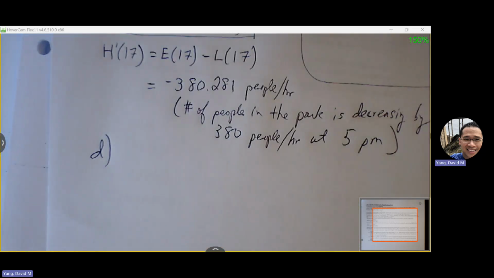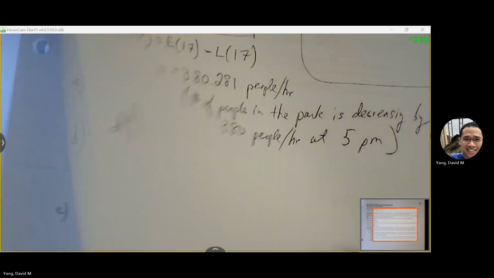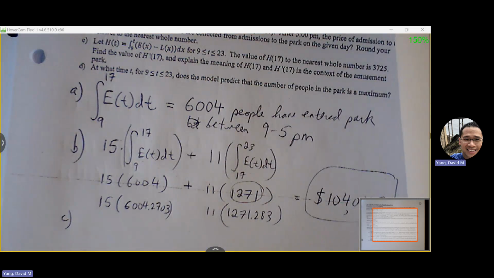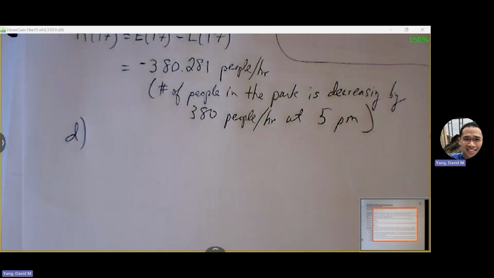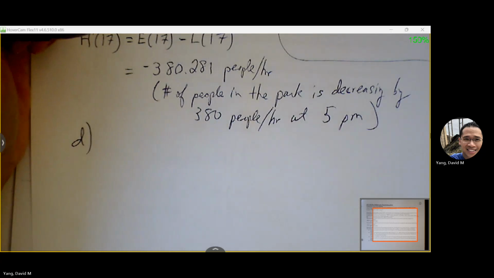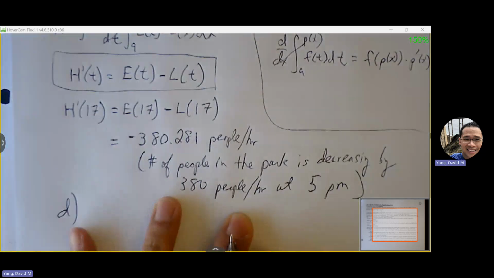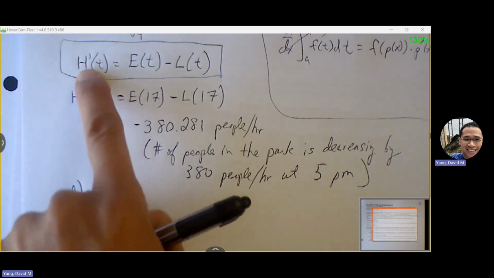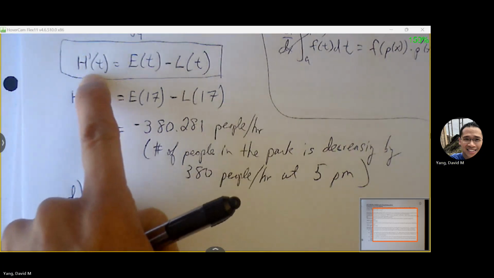Part D. At what time does the model predict the number of people in the park is at a maximum? Okay. So now, anytime we're looking for a max or a min, it's typically going to be when your h prime is equal to what?